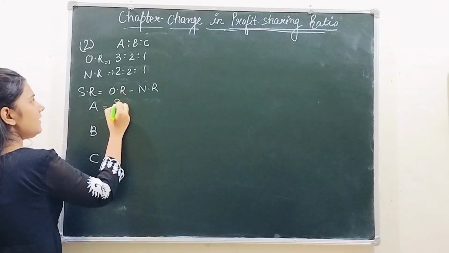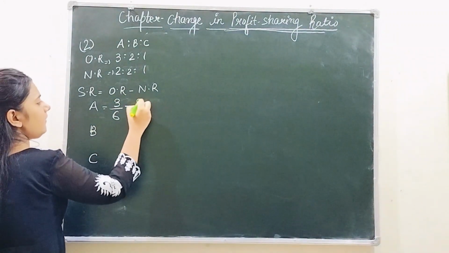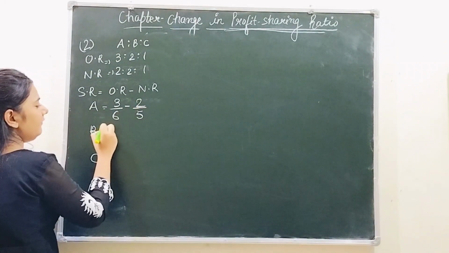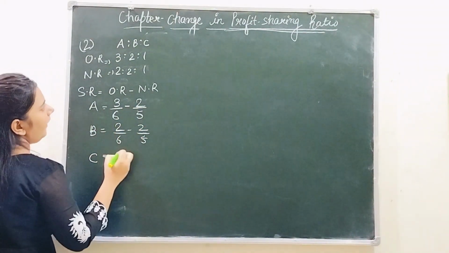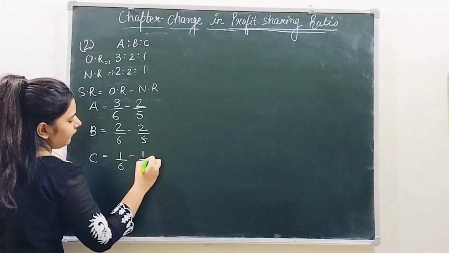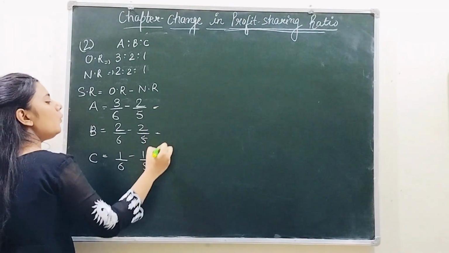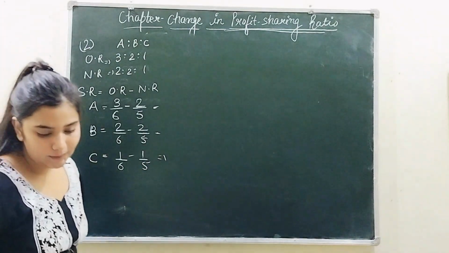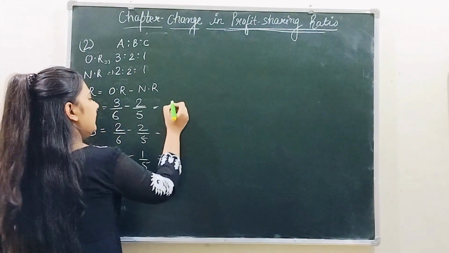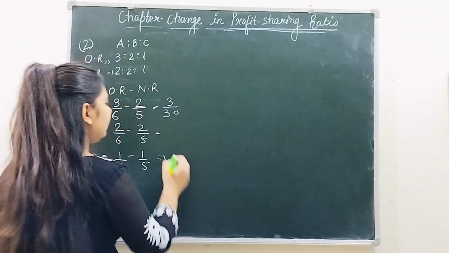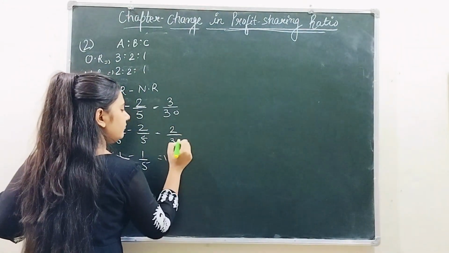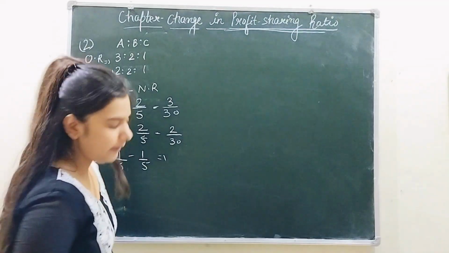For partner A it comes out to be 3/6 minus 2/5. For partner B, 2/6 minus 2/5. Partner C, 1/6 minus 1/5. When you solve these equations, you will get 3/30, 2/30 and 1/30.